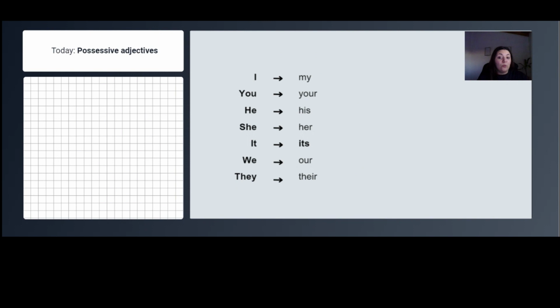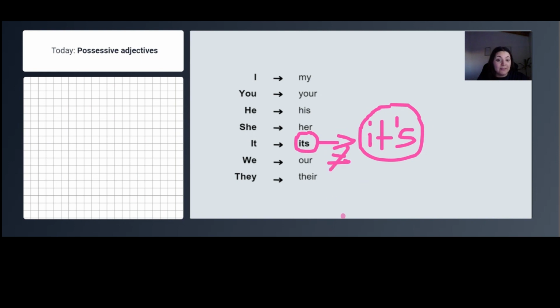You also need to be careful with this one. Is this the same as to say it's, like this with apostrophe? Is it the same? No, these are different. This is a contraction and this is a possessive adjective. So these two are simply different. How can you identify the difference between these two? Well, usually after its, we're going to add nouns.